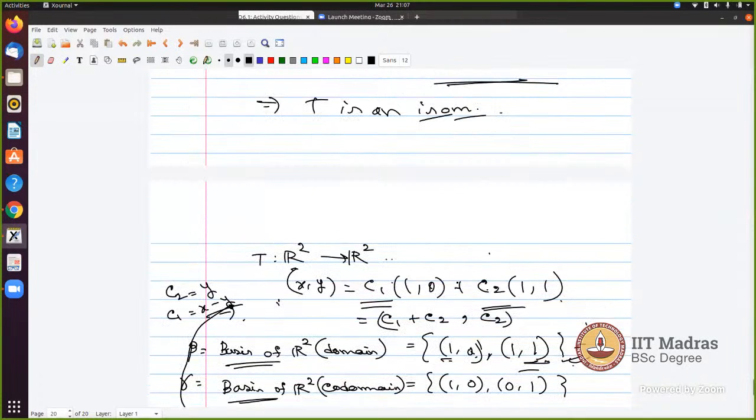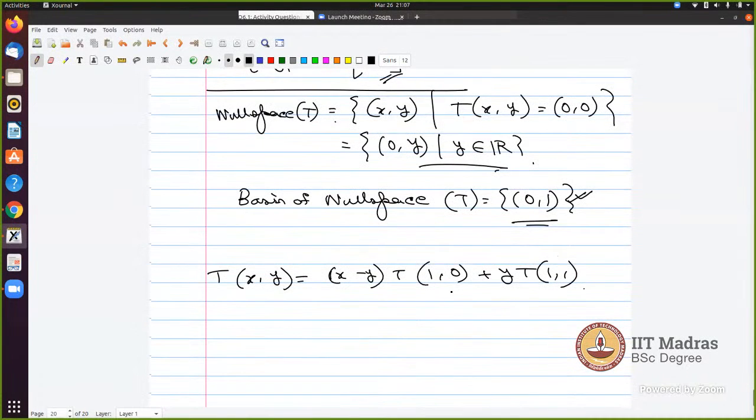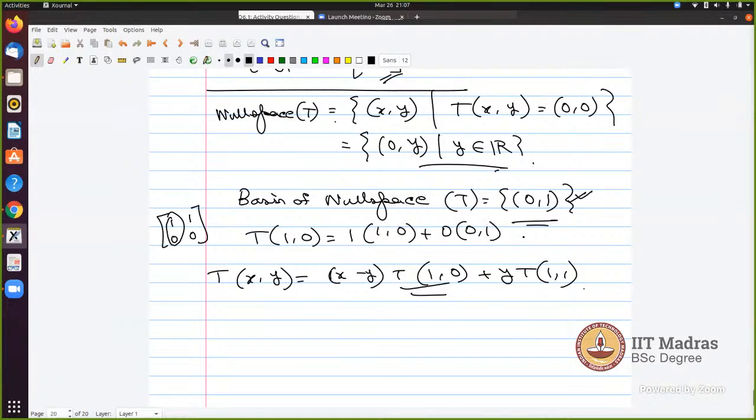Is it clear? Now you know what T of 1 0 is, because the matrix was like this. So these are in the columns. So basically T of 1 0 is 1 into 1 0 plus 0 into 0 1, right?